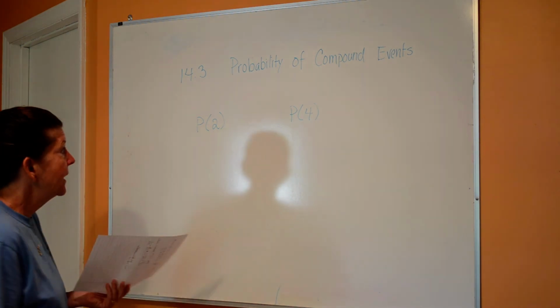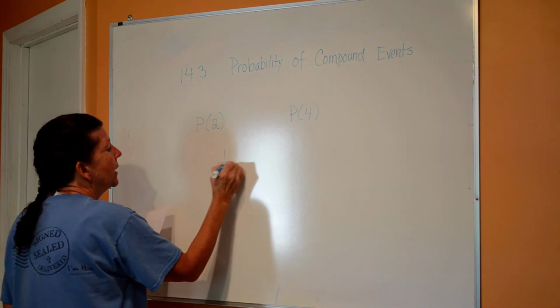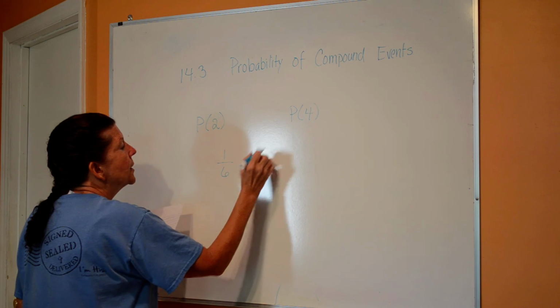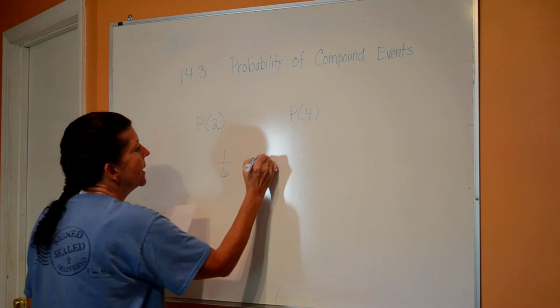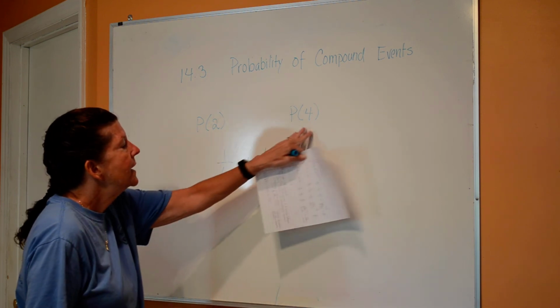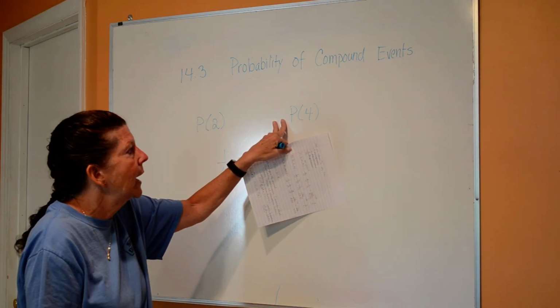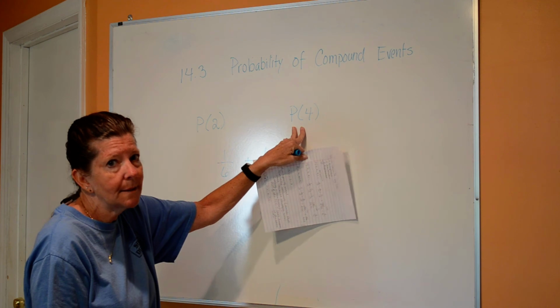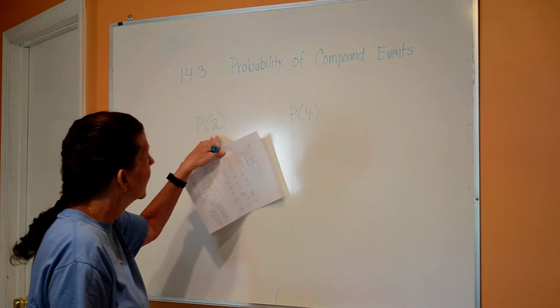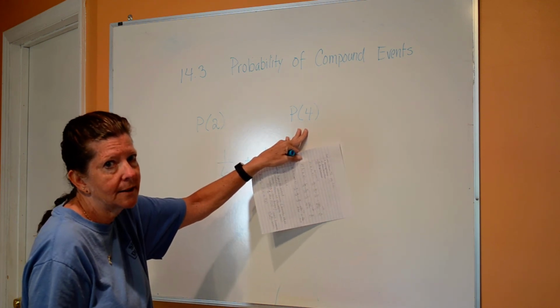The probability of getting a 2 is 1/6. The probability of getting a 4 is 1/6. These do not affect each other, and they are independent events. They can't occur at the same time. I'm rolling the dice, I can't get both a 2 and a 4 at the same time.